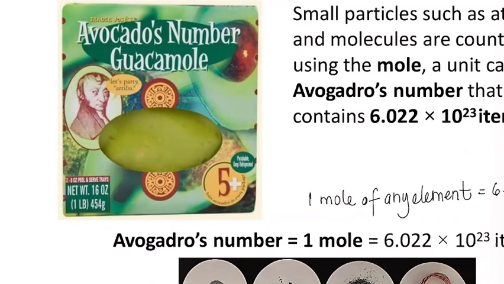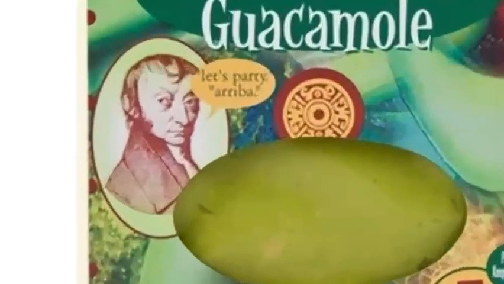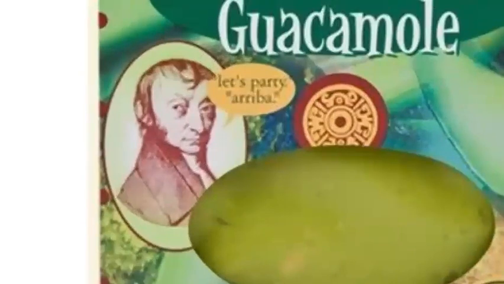Well, at Trader Joe's, one of the interesting things, and the nerd in me couldn't resist to put this image, because when it comes to Trader Joe's, you can see that here in the corner for the packaging of pre-made guacamole, there is the image of a person. Who is this person? Can you guess? Who's this guy? It just says, let's party, arriba. But what would you guess? Since in the word guacamole, there's the word M-O-L-E, mole.